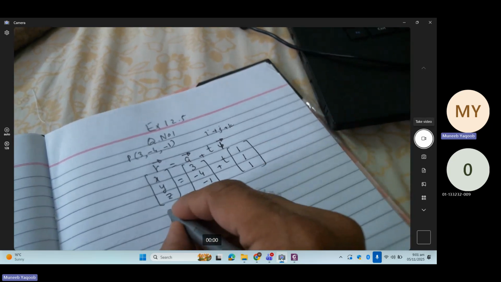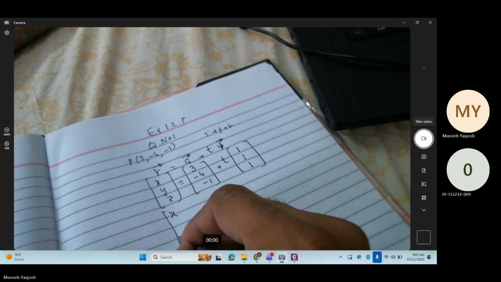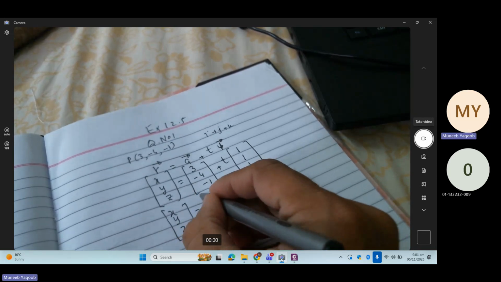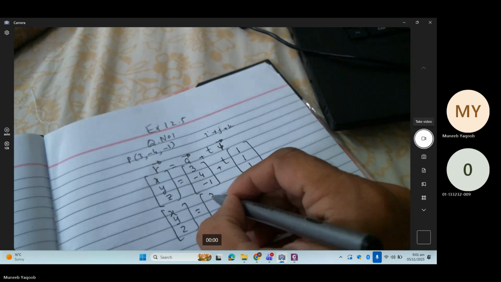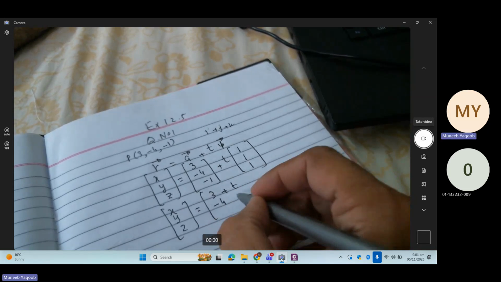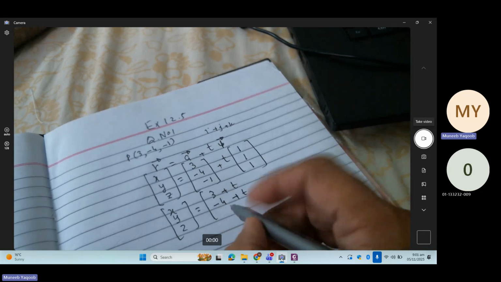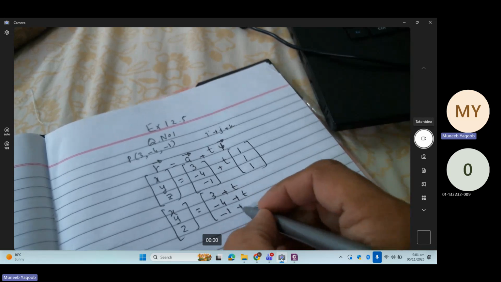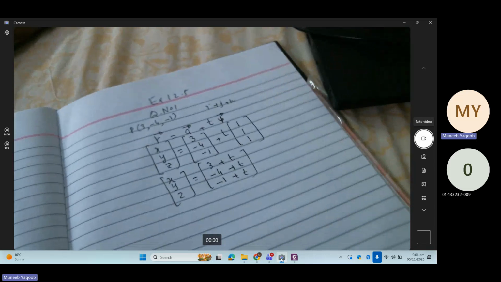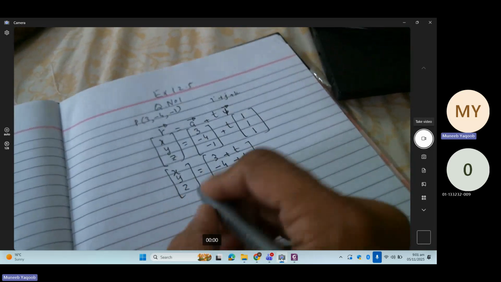So now we can write x, y, and z equals to 3 plus t, -4 plus t and -1 plus t. So now we can easily deduce the parametric equations.